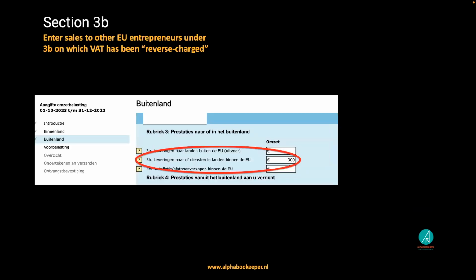But 3B, there is a transaction. He had customers from outside of the Netherlands, but within the EU. And there was a sale of total 300 euros that have to be reported under section 3B, just the turnover amount, because the VAT have to be recognized by the customer at the other end.